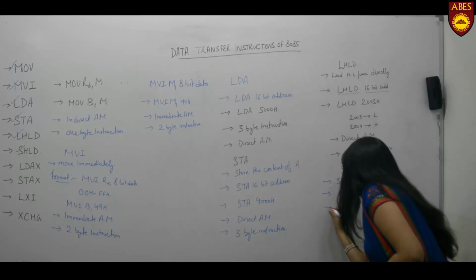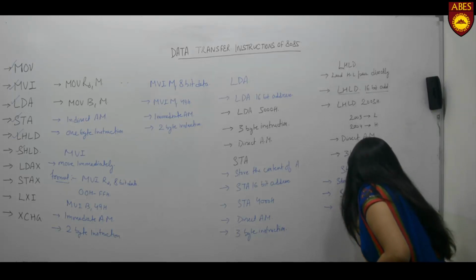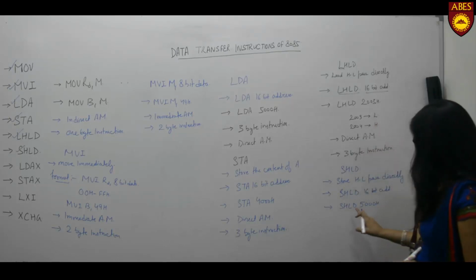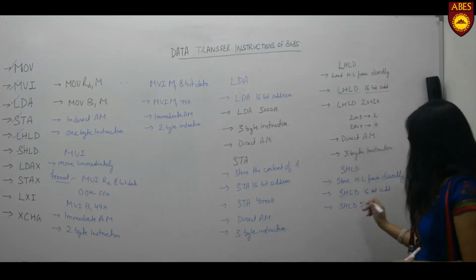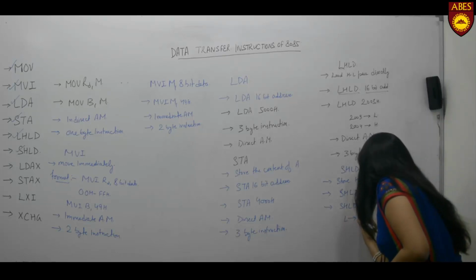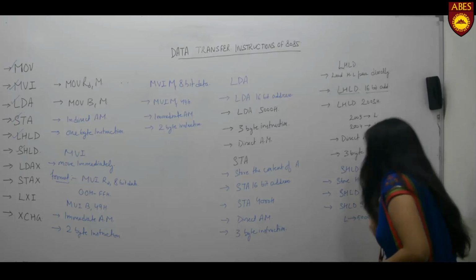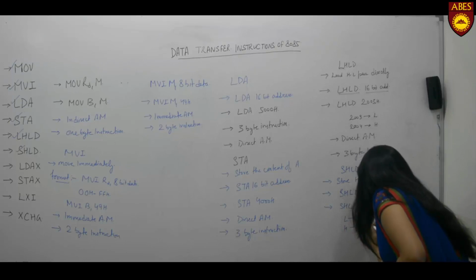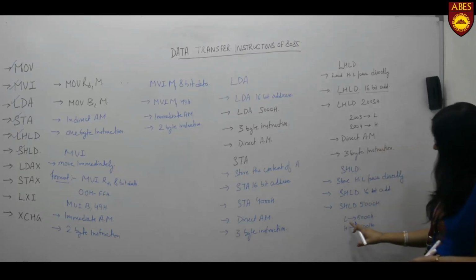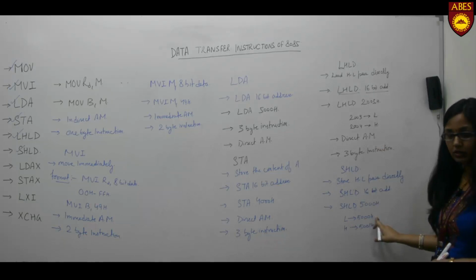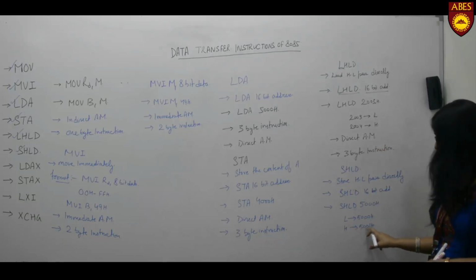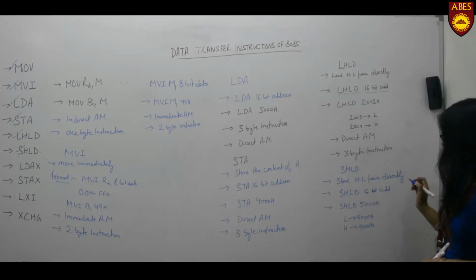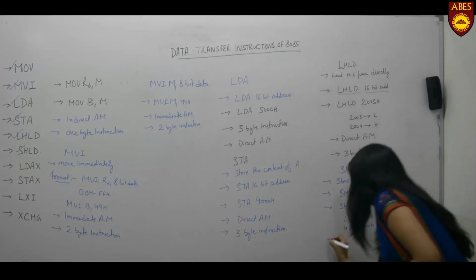For example, if we write SHLD 5000H, the content of the L register is moved into the 5000H memory location, and the content of the H register is moved into the next memory location, which is 5001H. This instruction belongs to the direct addressing mode.